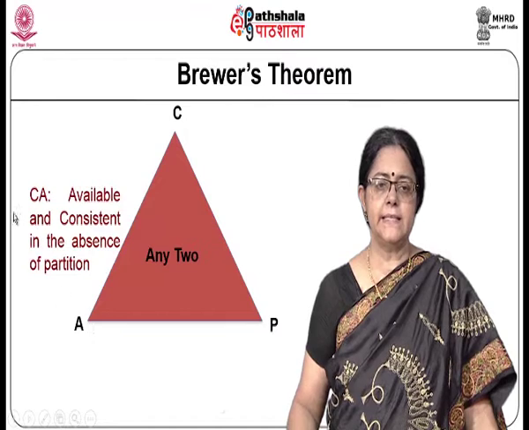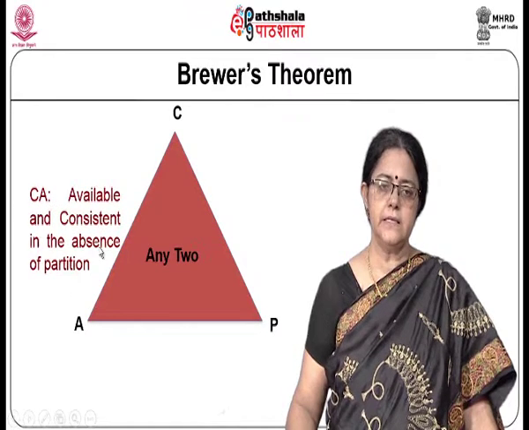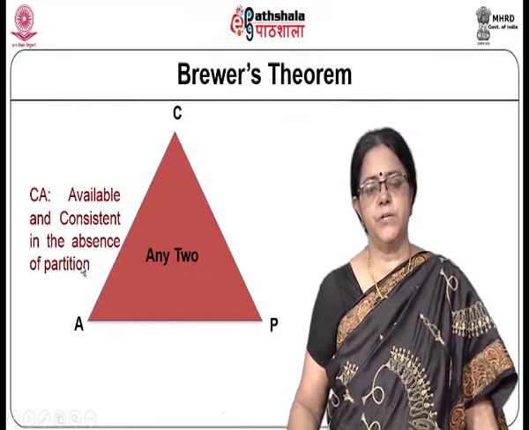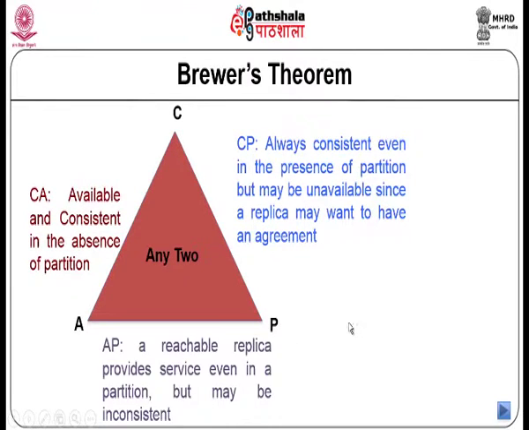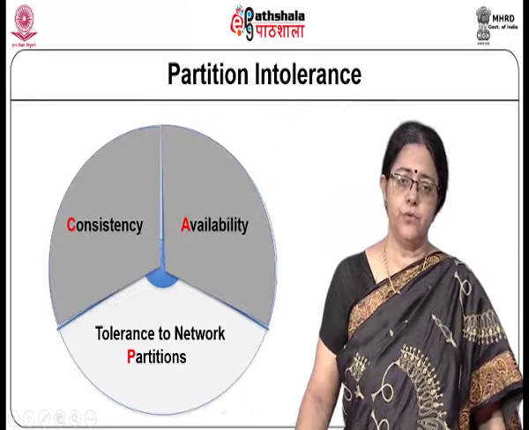If it is a CA, it is available and consistent, but network partition is not taken care of. If it is a CP, then it will be consistent in the presence of partition, but availability is not guaranteed. If it is an AP, then the availability is always guaranteed in spite of partition, but the consistency and correctness of the data is doubtful.